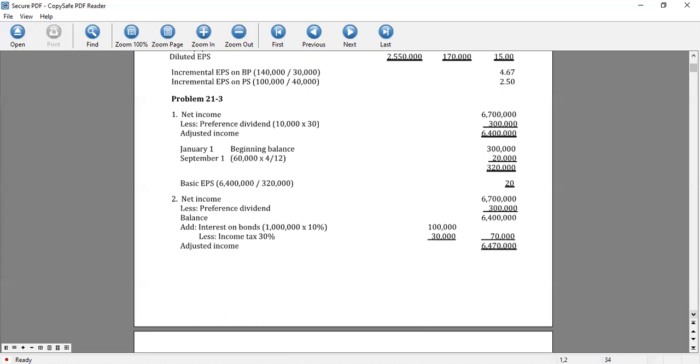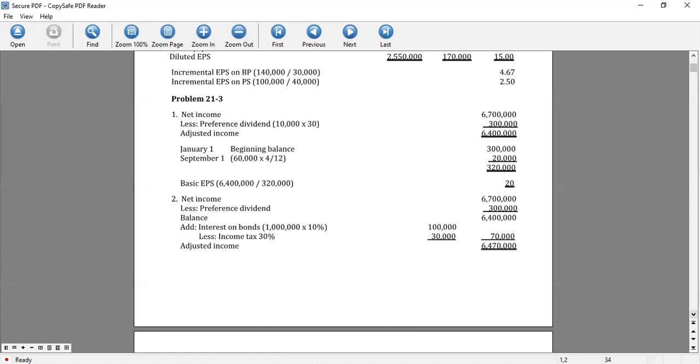Now, given the following information at year end, we have the ordinary shares outstanding 2020, 360,000, 2019, only 300,000. Non-convertible preference outstanding shares in both years, 10,000 shares. And the 10% convertible bonds payable face value in both years is 1 million.